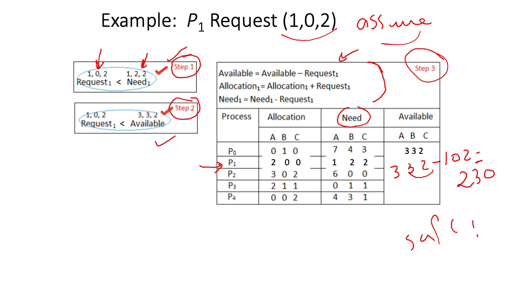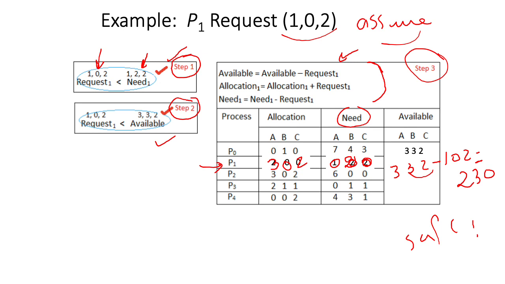So it is 2 plus 1, 3, 0 plus 0, still 0, and then 0 plus 2, 2. And then the need will be the current need minus the request. So 1 minus 1, 0, 2 minus 0, 2, and then 2 minus 2 is 0.